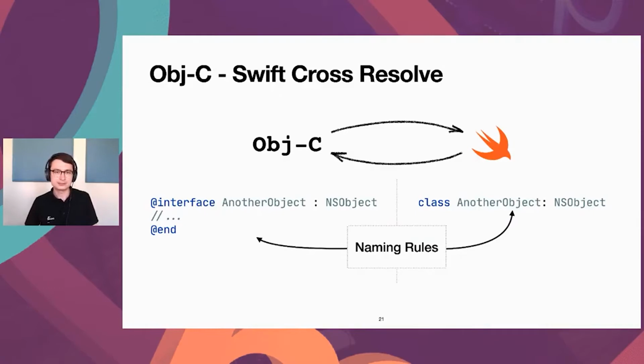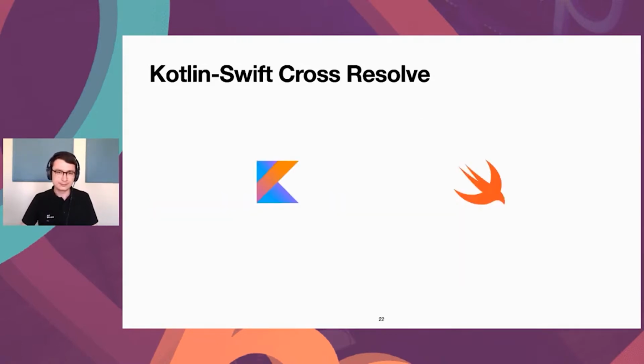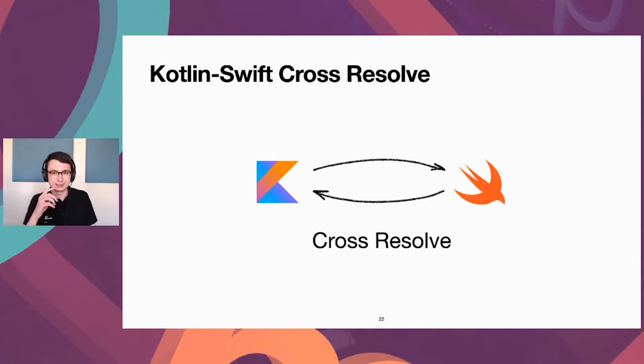And there you can see how, for example, you have to transform an Objective-C symbol into a Swift symbol, so it would look the way it's supposed to look from Swift. And for implementing cross-resolve between Kotlin and Swift, it is implemented a little bit differently. Let's see how it's done.